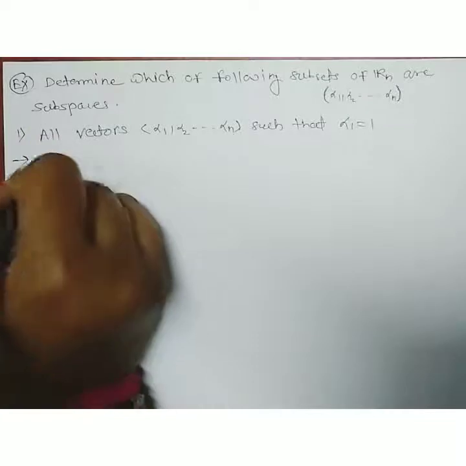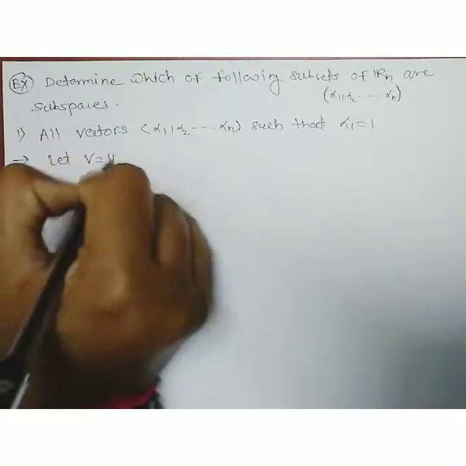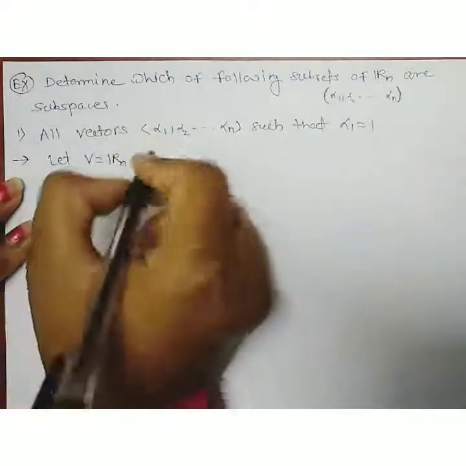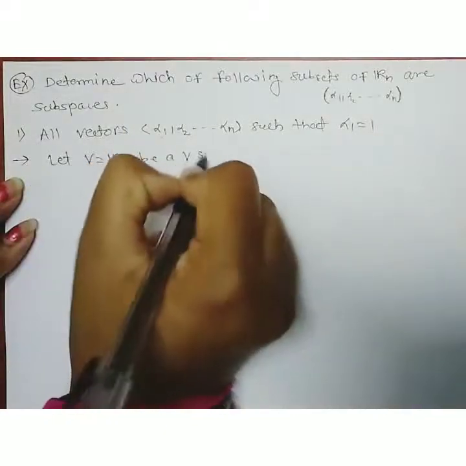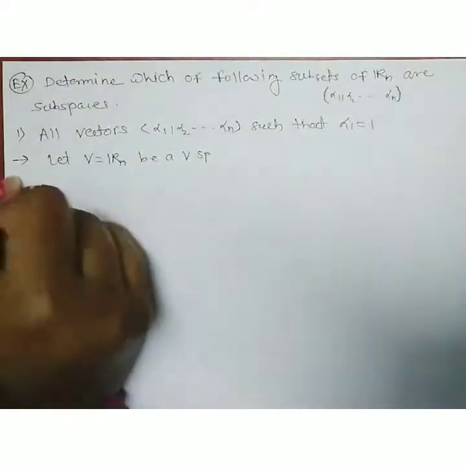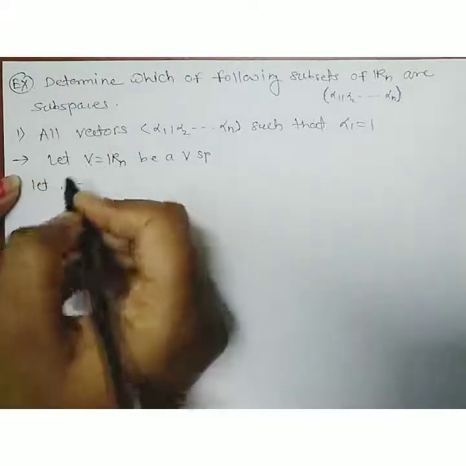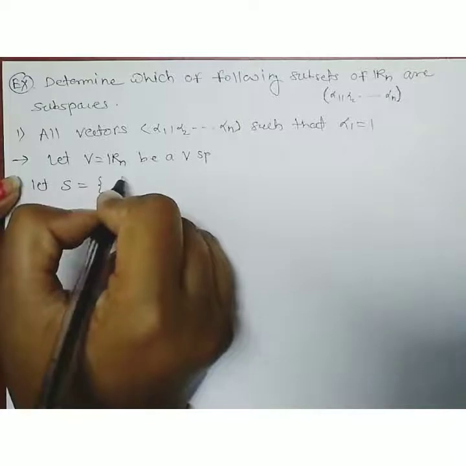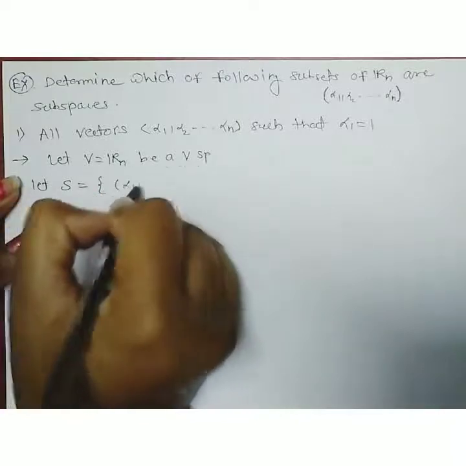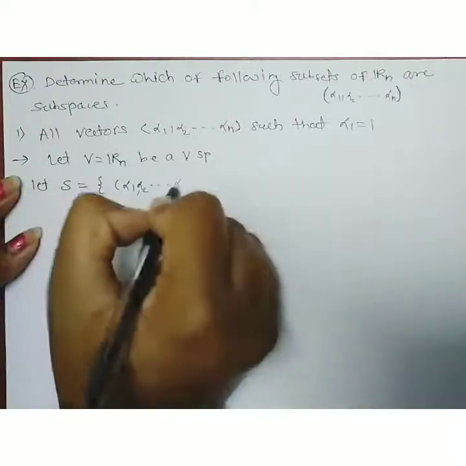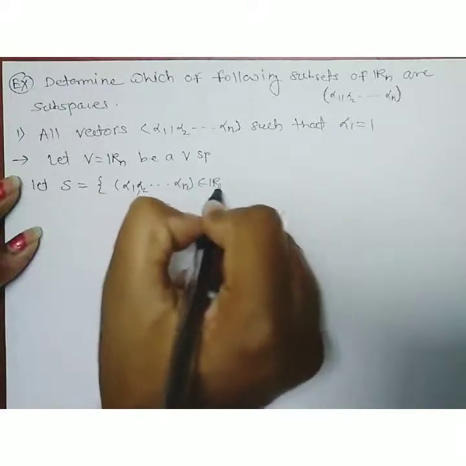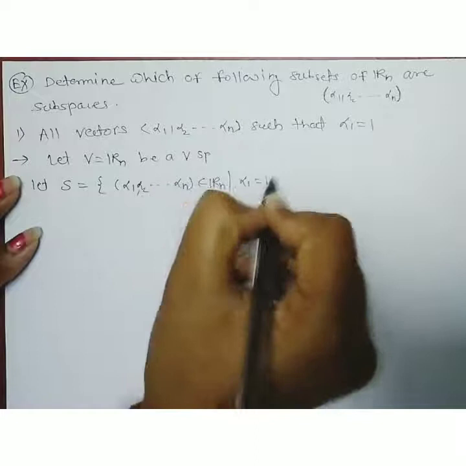Its solution: let V equal Rn, the vector space given, be a vector space. And let S be the set given as S equal to the set of elements alpha 1, alpha 2, up to alpha n belonging to Rn such that alpha 1 is equal to 1.